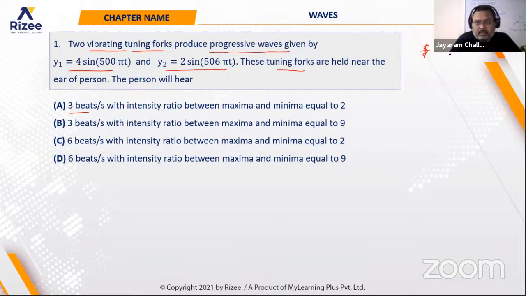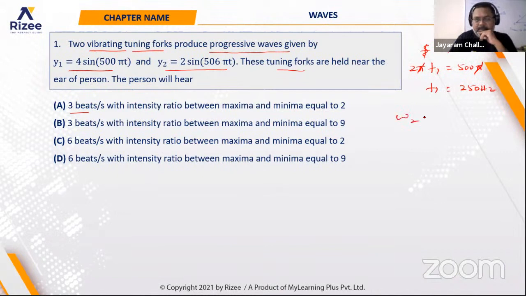That is, omega 1 is equal to 500 pi. This is from the first relation. Omega 1 can be written as 2 pi f1 is equal to 500 pi. Remove the pi, so f1 is equal to 250 hertz, your first frequency.